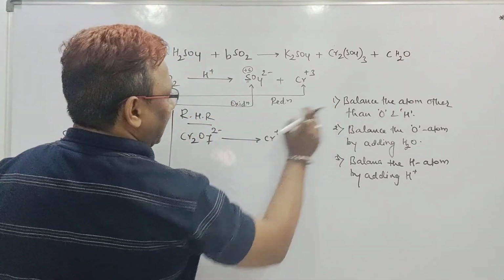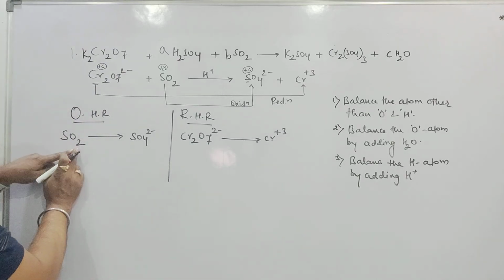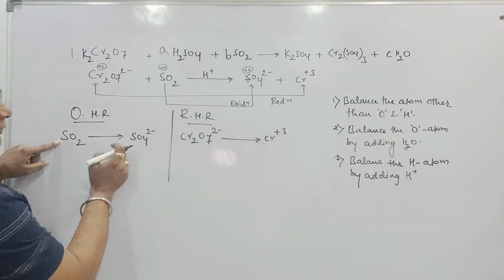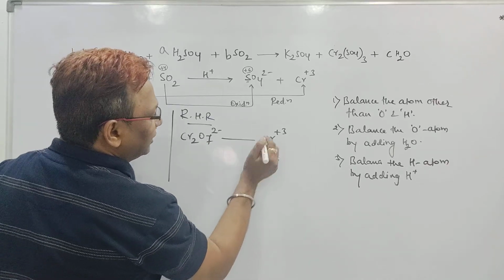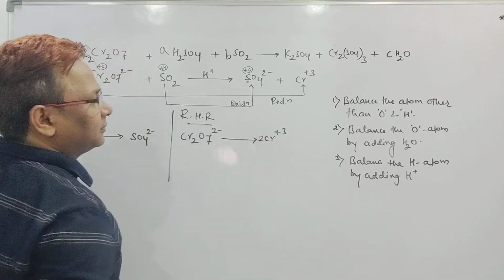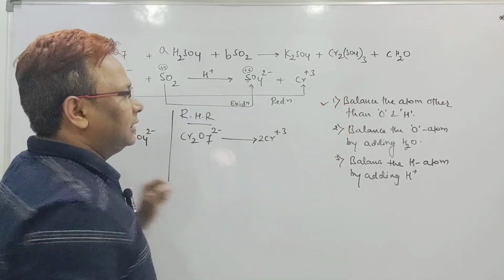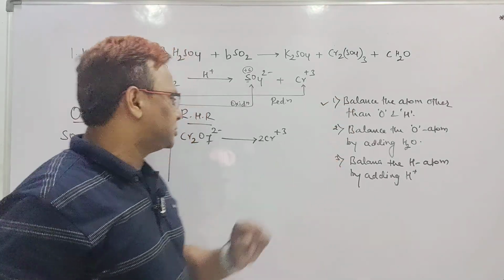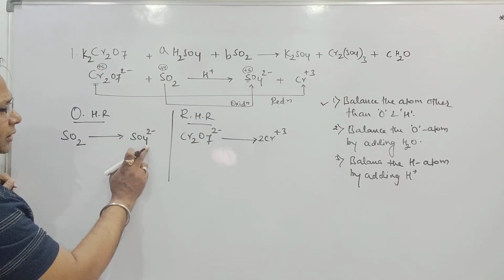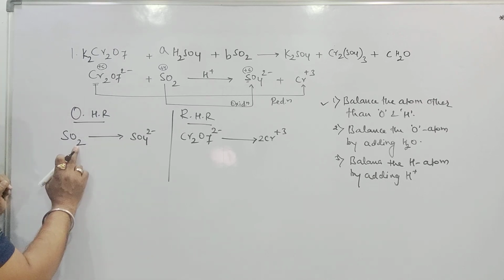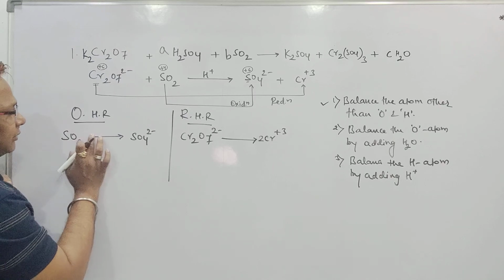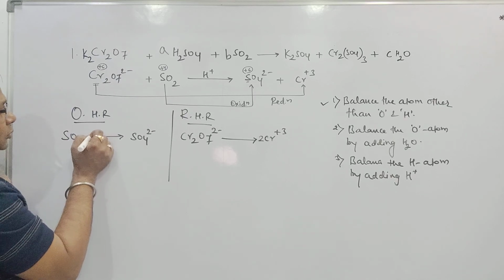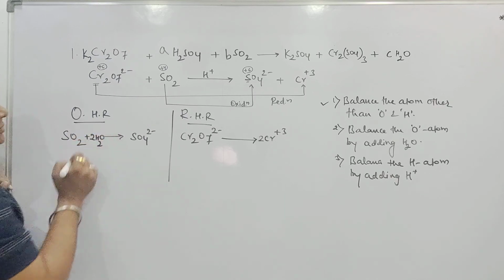Here, first step, balance the atoms other than O and H. Other than O and H, one sulfur is enough. Other than O and H, 2 chromium: we have 1 chromium, make it 2 chromium here. First part over. Balance the oxygen atoms by adding H2O. How many oxygen do we have here, beta? 4. How many here? 2. This is the deficient side, 2 oxygen atoms we require. So can we add 2 water molecules on this side?